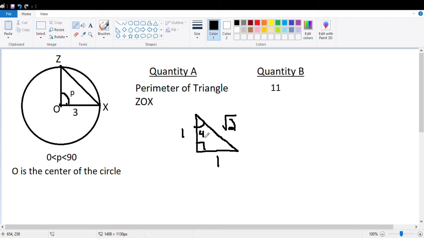This is 45, and this one is also 45. Obviously, this is the 90-degree right angle. They satisfy the Pythagorean theorem: the legs, each squared, sum to the hypotenuse squared, which in our case is square root of 2 squared.